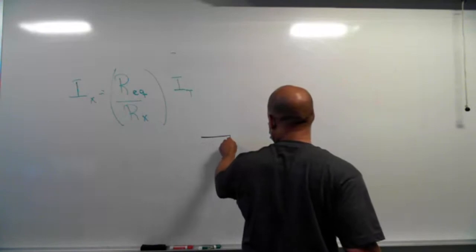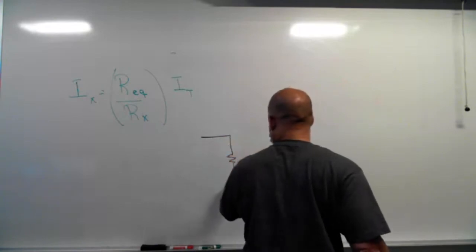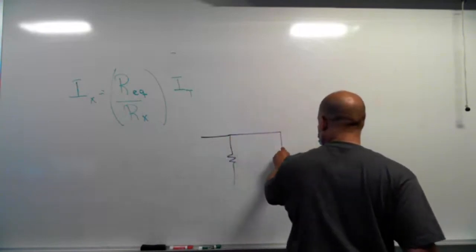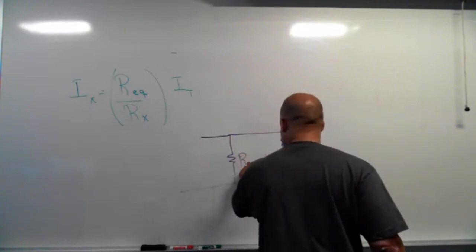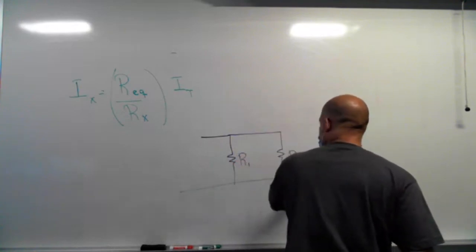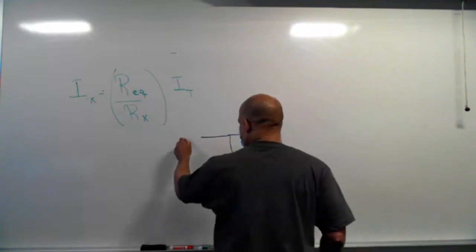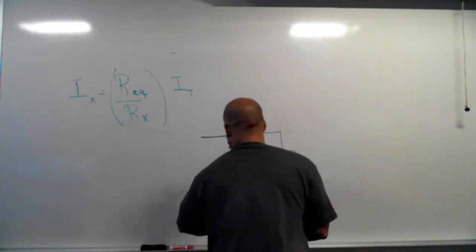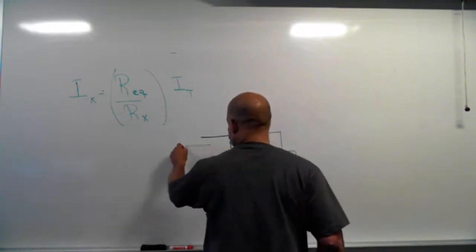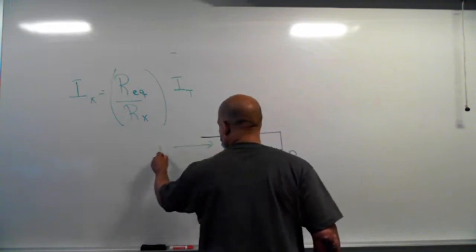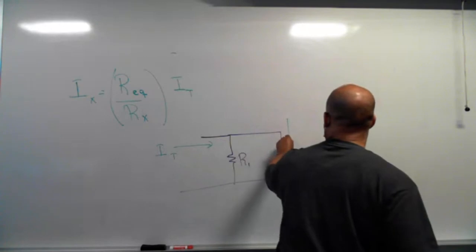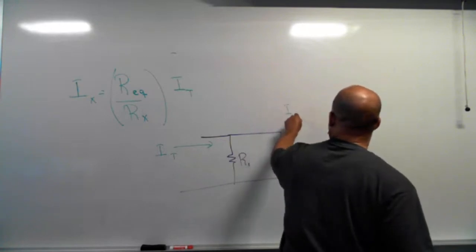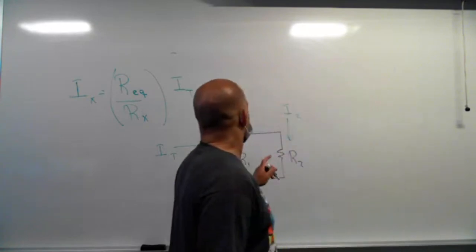Let me show you how those work. If I have just two resistors, R1 and R2, and I know the total current coming in, IT, let's say I want to know the current through R2, I2.